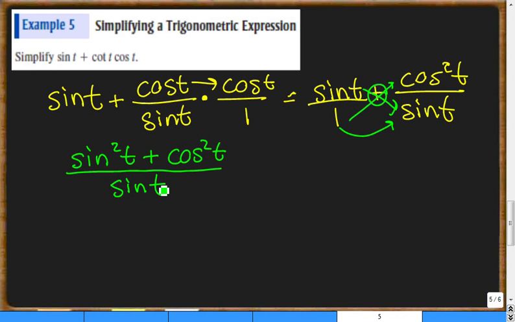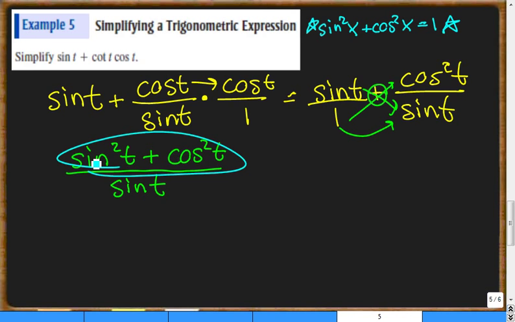You may think, why did I do that? Why is that helpful? Well, if you notice, one of the identities that we've learned is available on the top. And that is that the sine squared of x plus the cosine squared of x always equals 1. So because this is here and that is here, I can replace them.